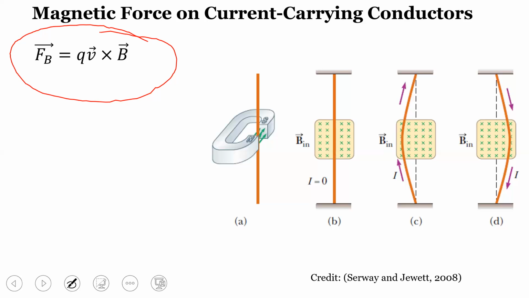So in the last diagram, we now have a scenario where the current flow is opposite the direction of the previous one. Current is now flowing from top to bottom.